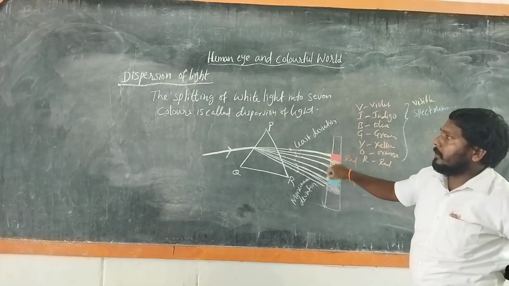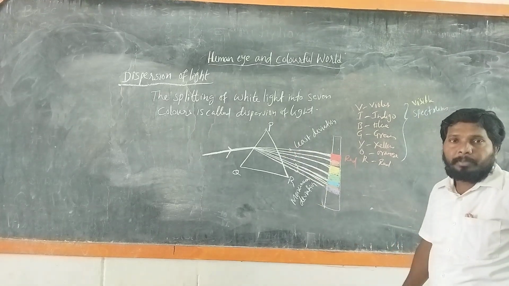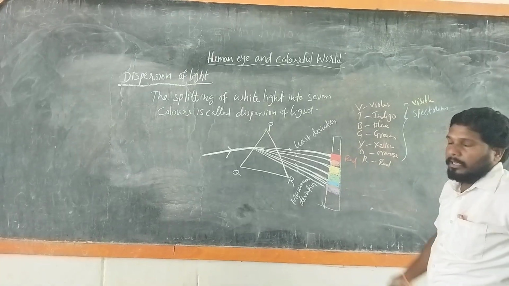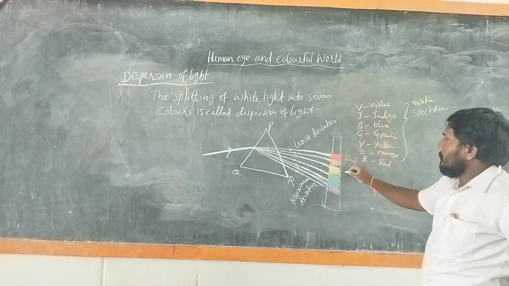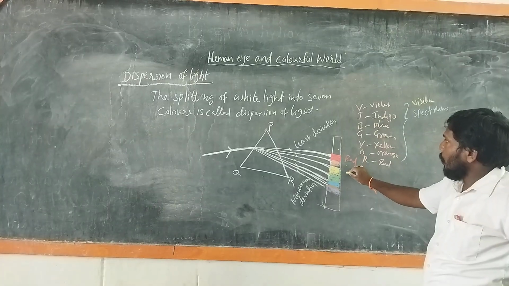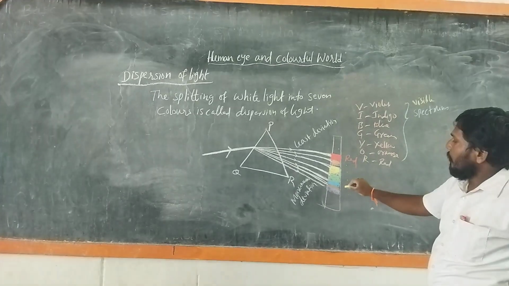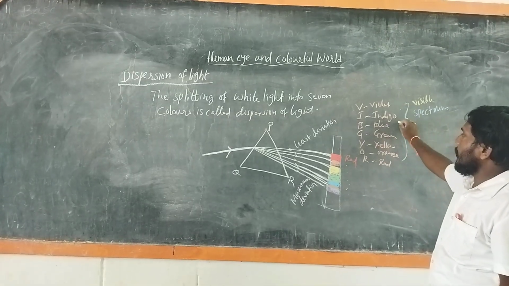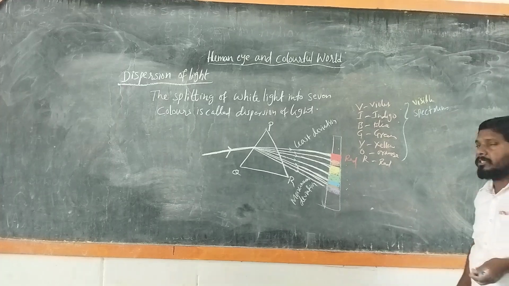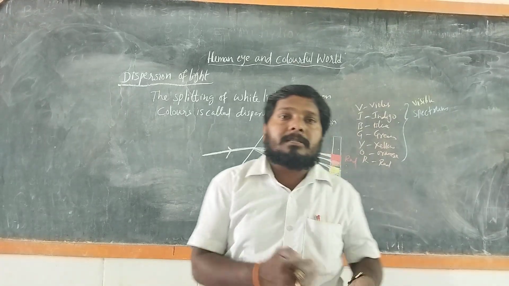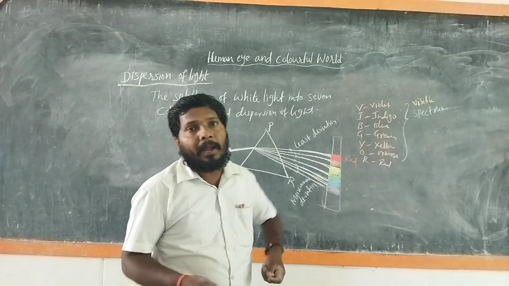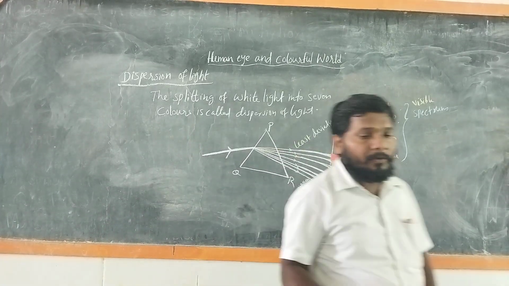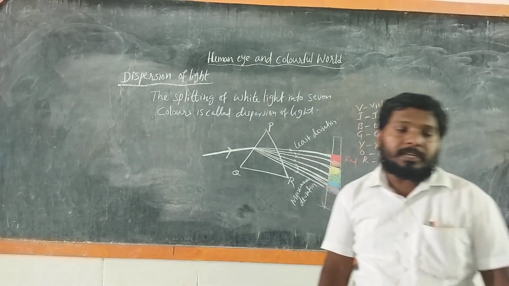Due to dispersion by a glass prism, we observe a band of 7 colors: red, orange, yellow, green, blue, indigo and violet. You can remember it as VIBGYOR. The colors are arranged like a band based on their wavelengths or frequencies, and based on the deviation.